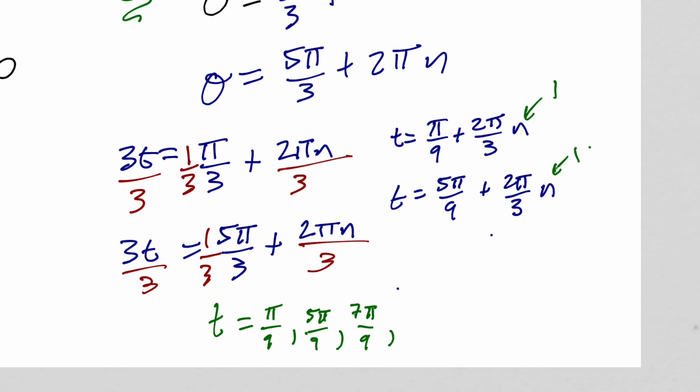If I plug in 1 for n in this bottom one, I get 6 pi over 9 plus 5 pi over 9, which is 11 pi over 9. That's definitely less than 2 pi because 11 over 9 is less than 2.